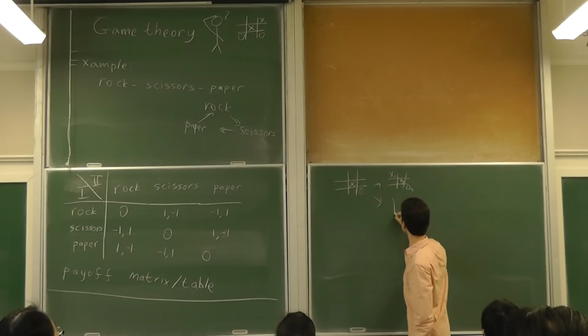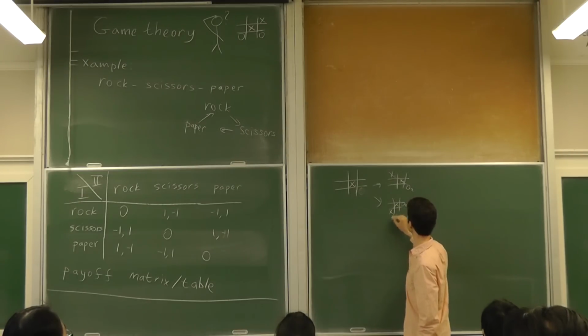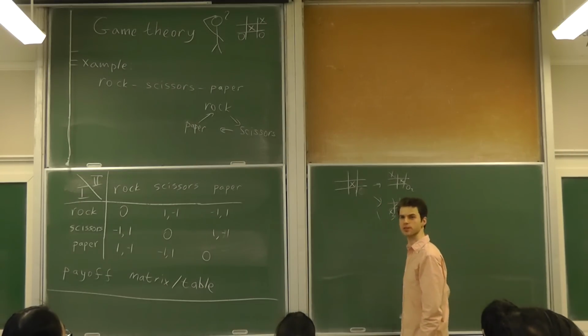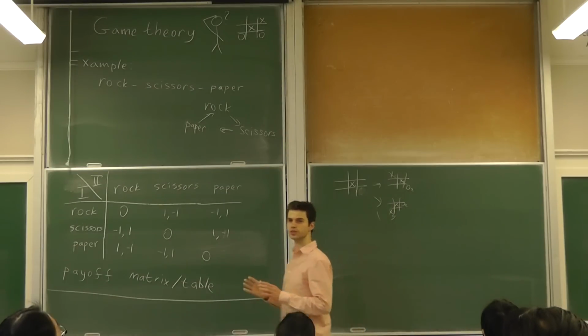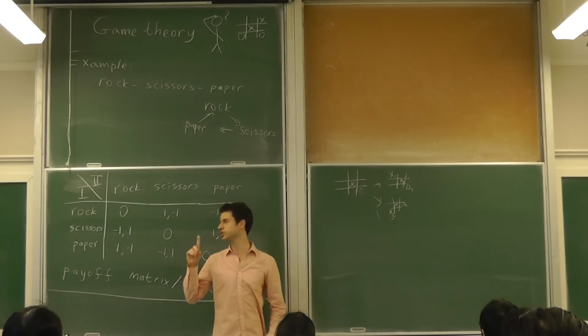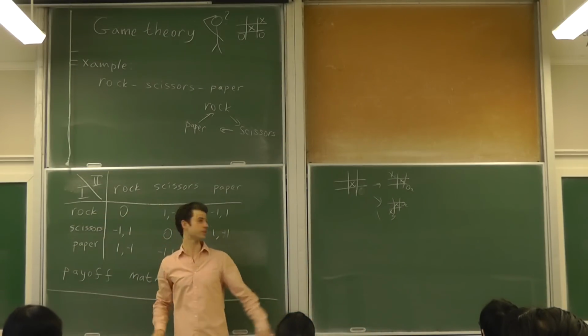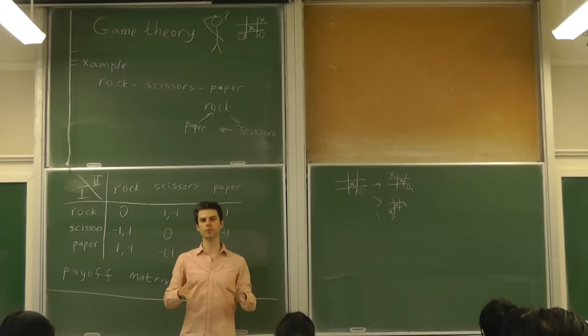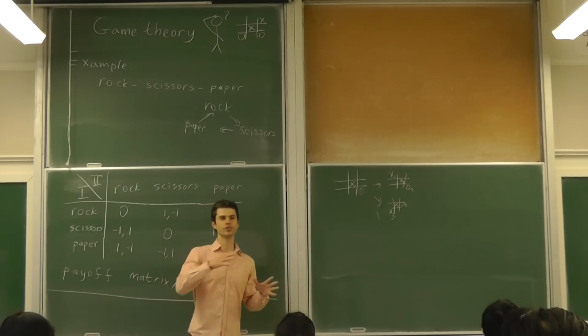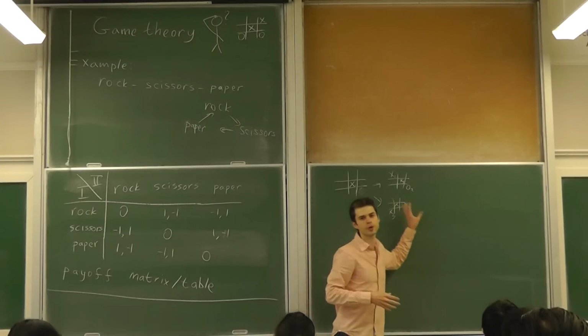If he plays such a move, play such a move. If he plays, and so on and so on. So the strategy, just one strategy, one row in this table, in this case, should list all possible responses to all possible moves by your opponent.